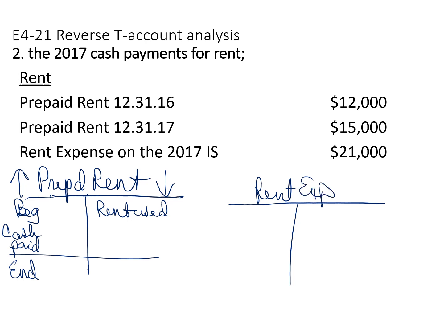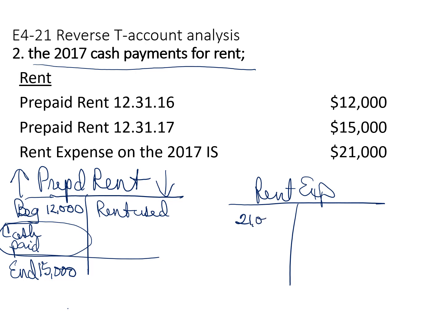So they want to know what the cash payments are, this one. And we can see that the beginning balance is $12,000 and that the ending balance is $15,000 and that the rent expense is $21,000, or the rent that we used.